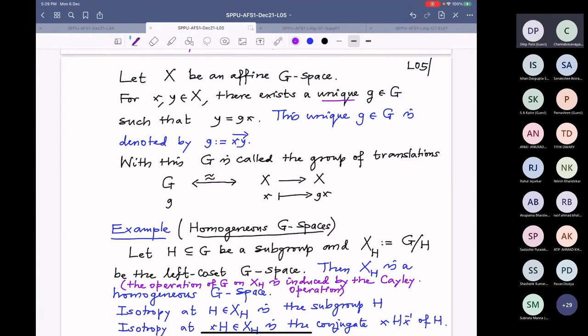This unique element depends only on the points x and y. Therefore, I am going to denote it by xy with an arrow above. What am I trying to say here? I want to recover that group from X.